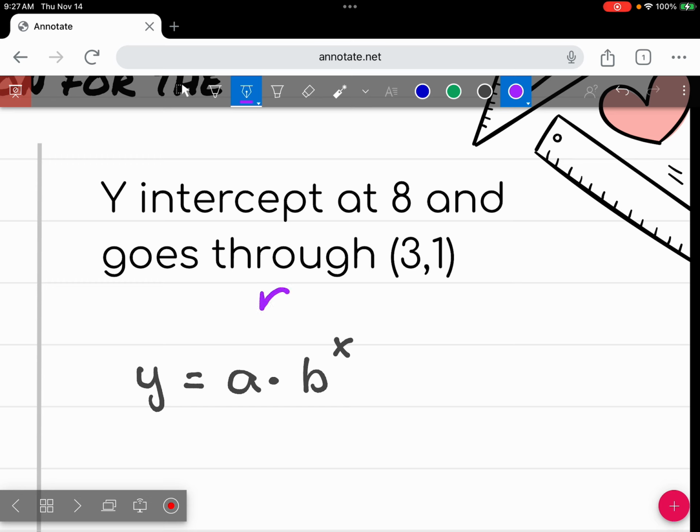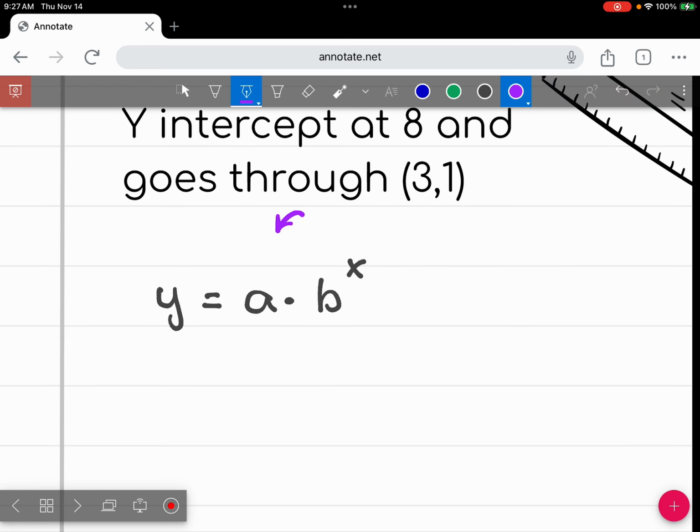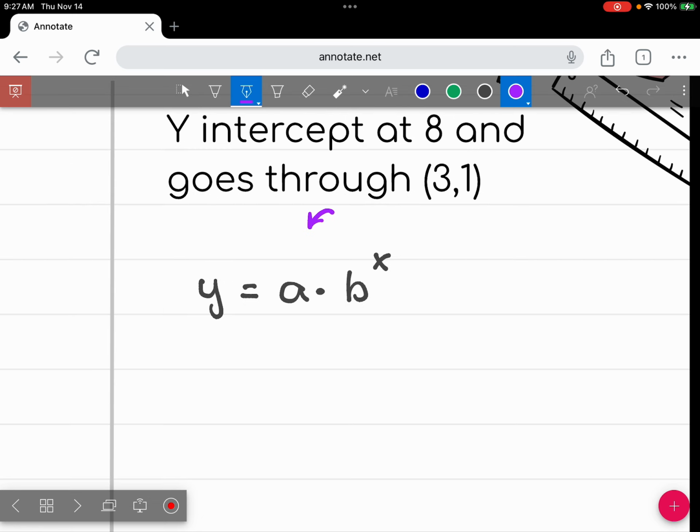So what we have here, our a is going to be our y-intercept. So on this one, when x is 0, that's the other way to think about it, I know it needs to equal 8.